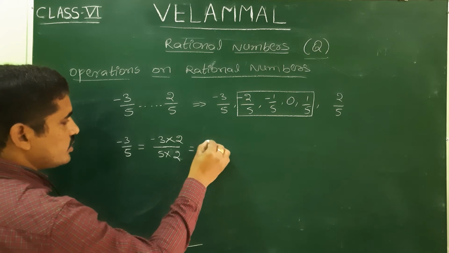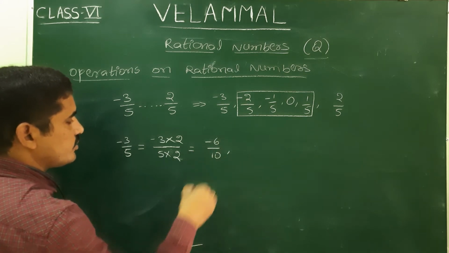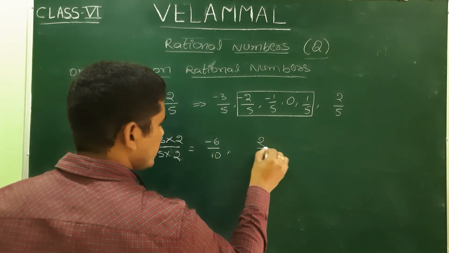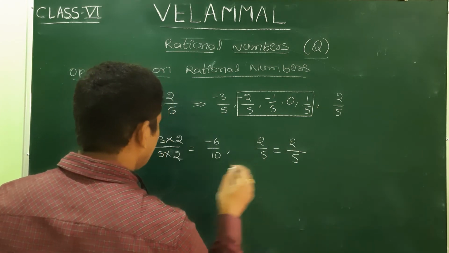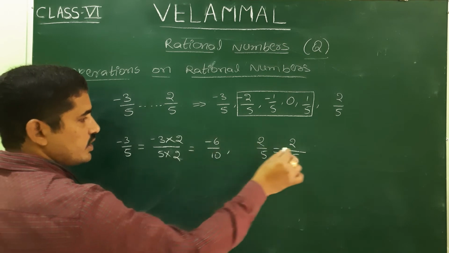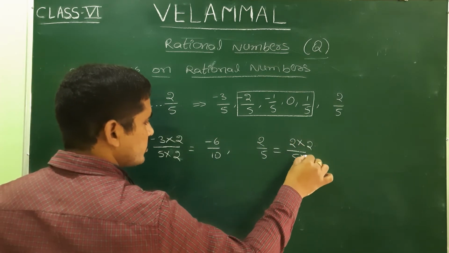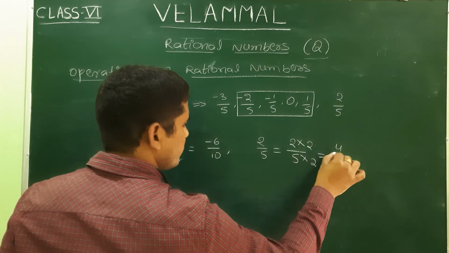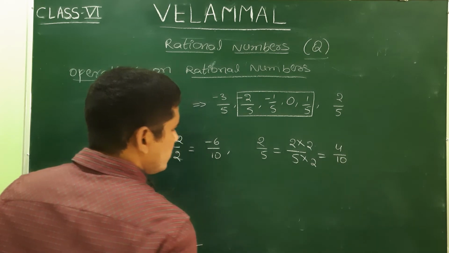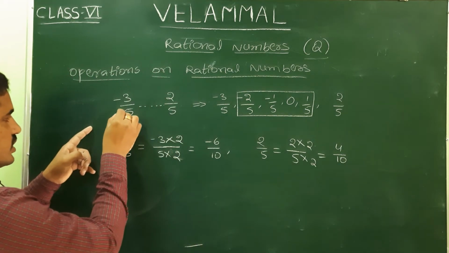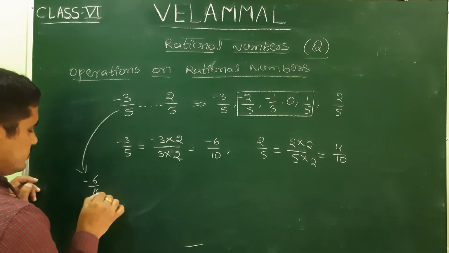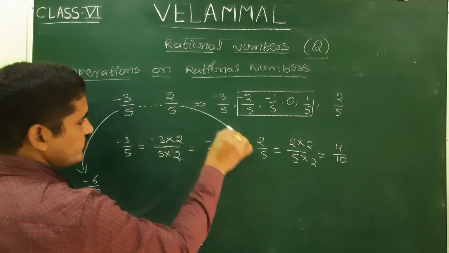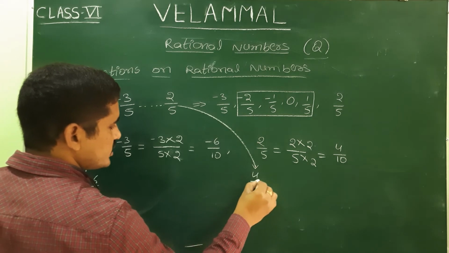Then we get minus 6 by 10. And for 2 by 5, the same number we multiplied here, we multiply here also, then we get 4 by 10. Now the equivalent fraction of minus 3 by 5 is minus 6 by 10, and the equivalent of 2 by 5 is 4 by 10.